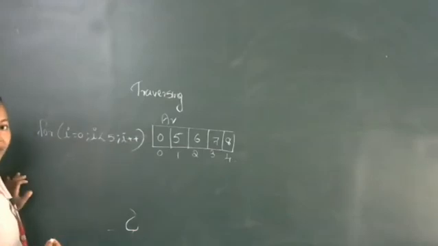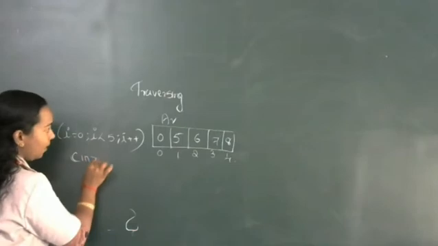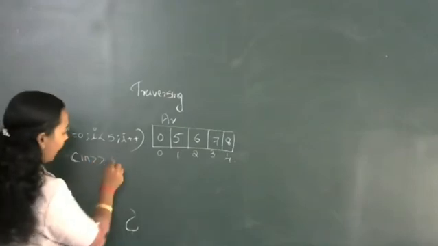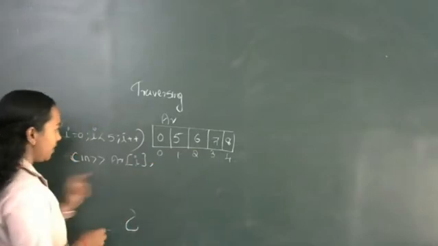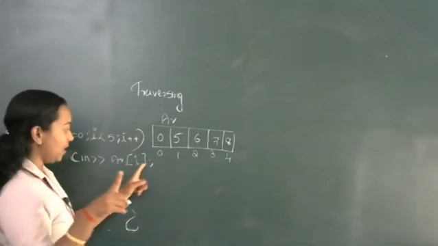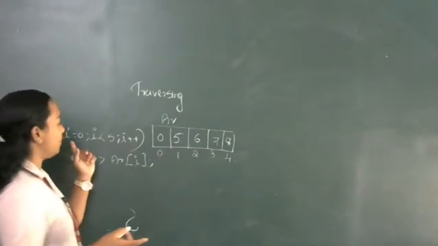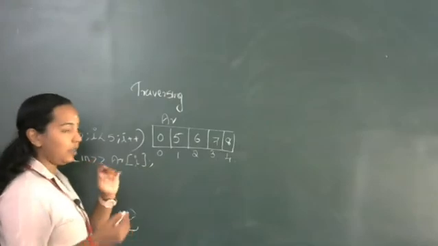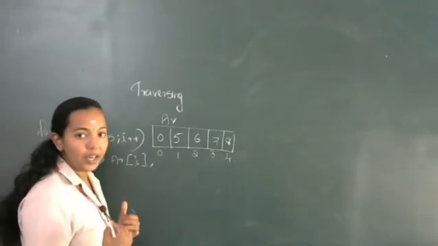Then what do we execute first? cin, with the array name AR of I. What is the first value of I? 0. The second value? 1. Like that it will execute from 0 up to the 4th location, and we can input values to the array.